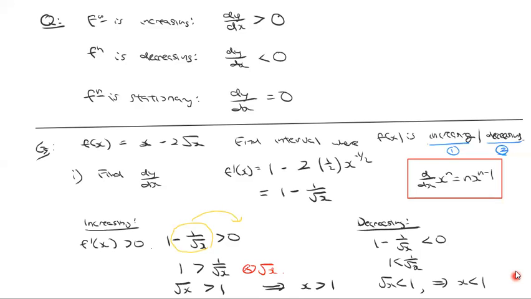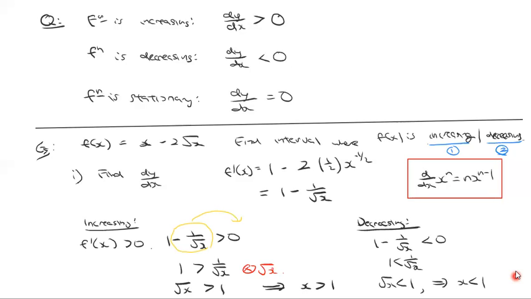Now, looking at this question and knowing what you probably did, I'm suggesting, Paris, that this is the answer you got, that x is greater than 1 for increasing and x is less than 1 for decreasing. Is that right? Yeah. And so the reason you have a question, I assume, is because the answer would not just be this. There would be a condition of x is greater than 0, and that's what your question is about.